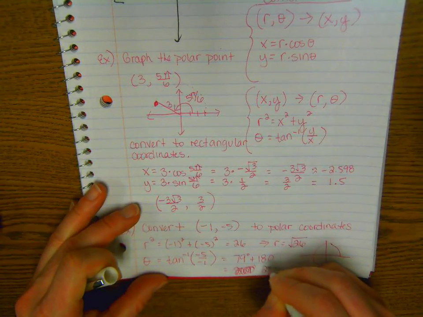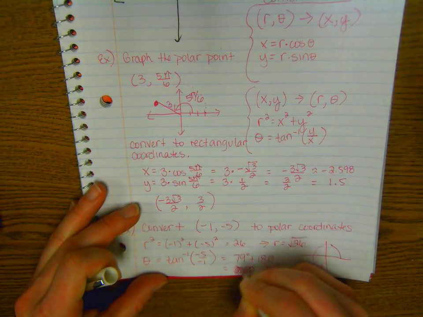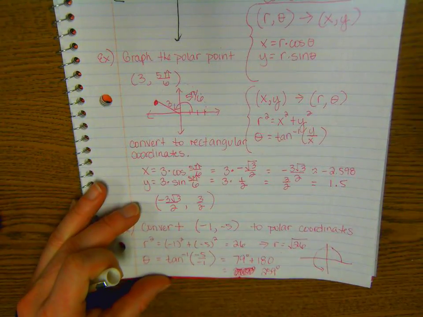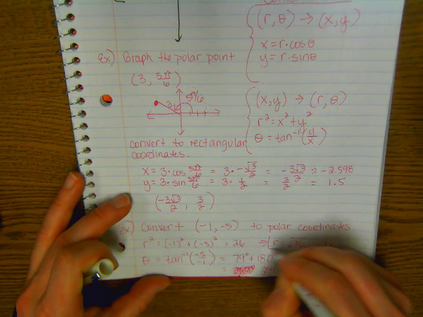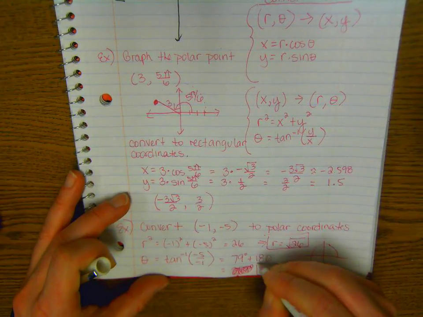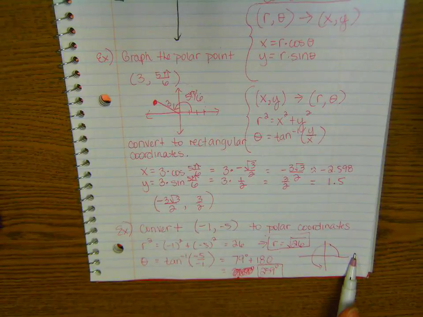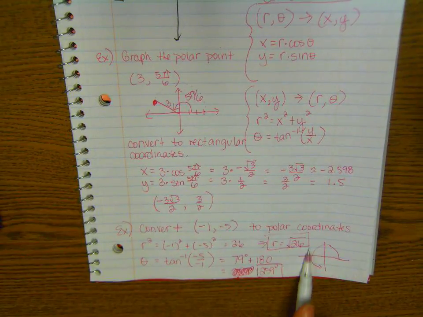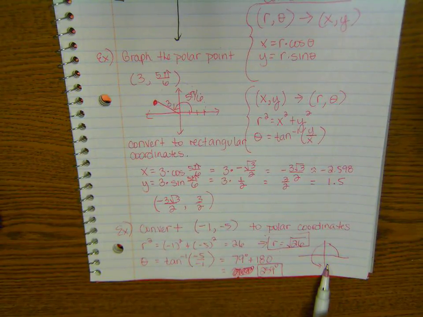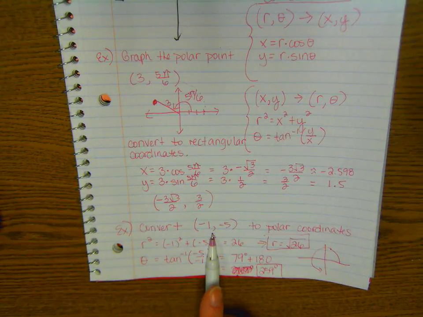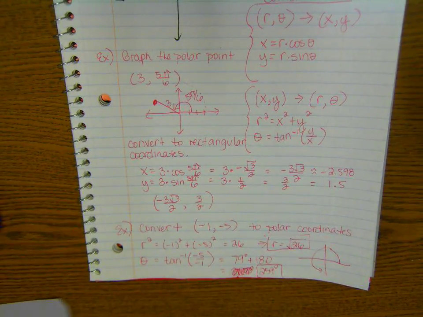Yeah, 259. Okay, so that's my r, and that's my theta. So if I were to go out about 5 and rotate 259 degrees, you would end up in the same spot as if you were to, in rectangular mode, graph negative 1, negative 5. Does that make sense?